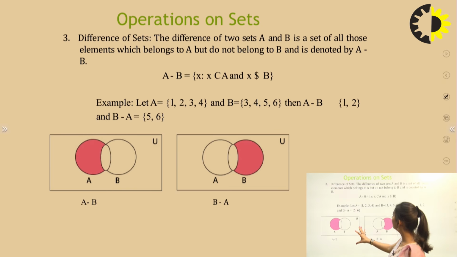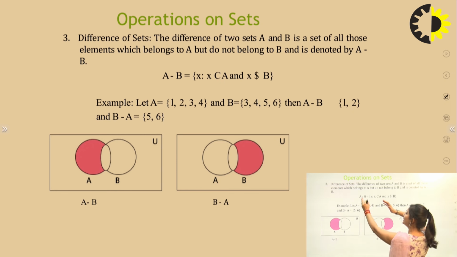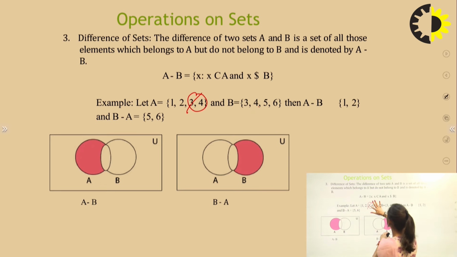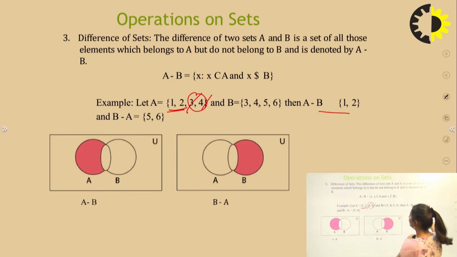If you see here, A is 1, 2, 3, 4 and B is 3, 4, 5, 6. Right? So, A minus B means from A elements we are removing B elements, we are subtracting. From the elements in A, you subtract B, and whatever remaining elements are left, they are the set A minus B. So here A is 1, 2, 3, 4, you subtract 3, 4, 5, 6, meaning 3 and 4 which are part of B, you remove these, and what remains is only 1 and 2.